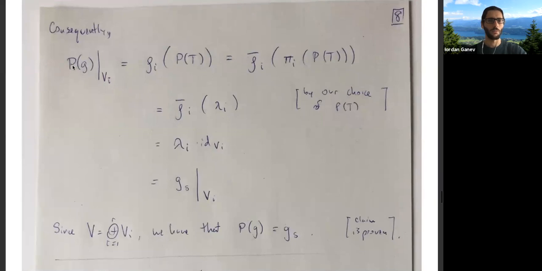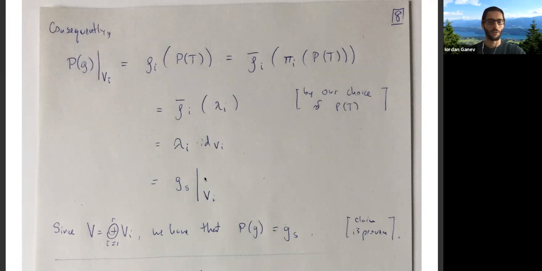But basically, we compute P of G restricted to V_i. We have a string of equalities here. First of all, the first equality comes from the commutativity of the diagram. The second equality comes from our choice of P of T. And then we get that this is just lambda_i times identity on V_i, but that's exactly what GS is.